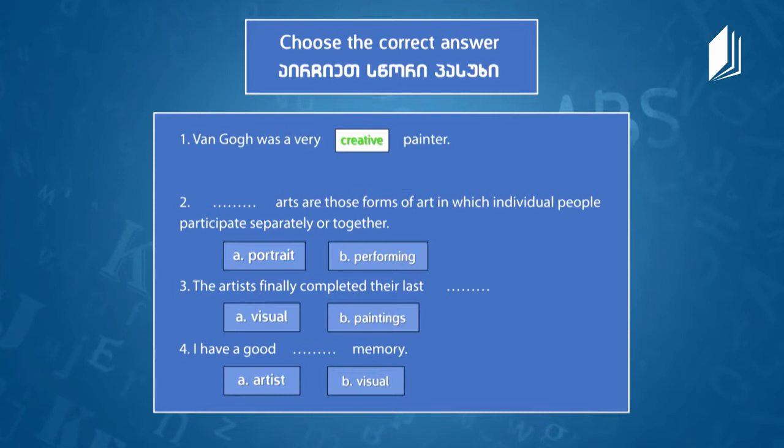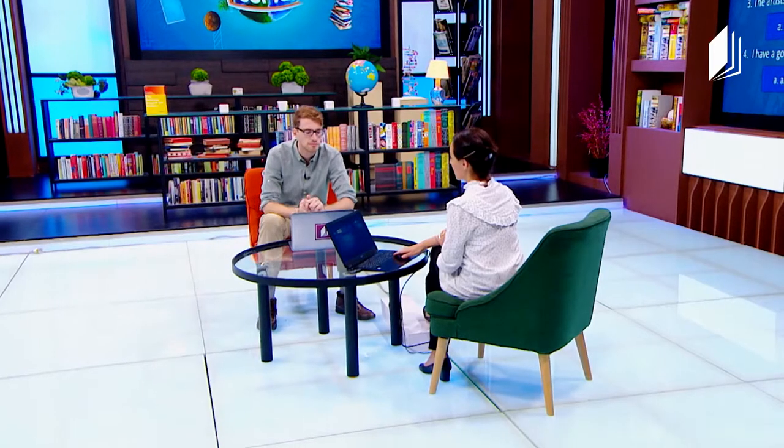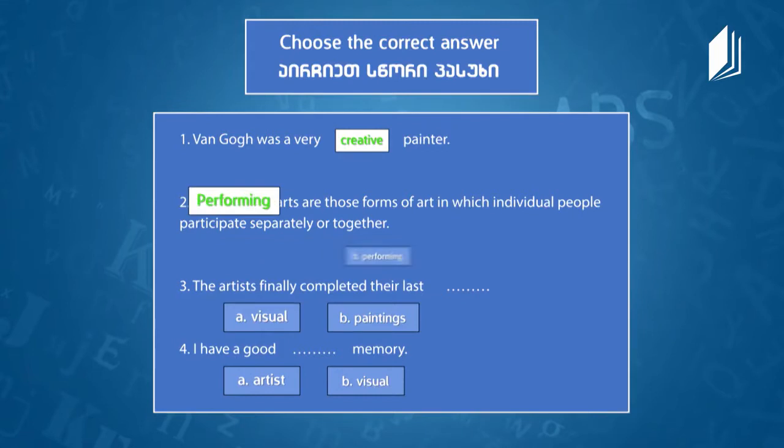So number 2, A, portrait, or B, performing. Arts are those forms of art in which individual people participate separately or together. Which one could that be? Oh, I know the answer. You guess also the word. This is performing. Exactly right, performing.